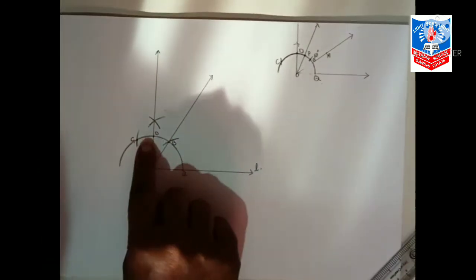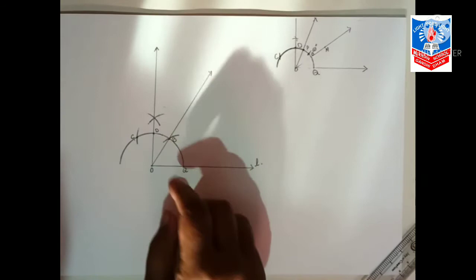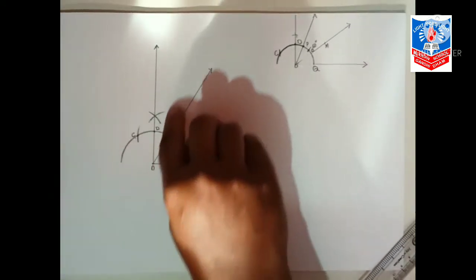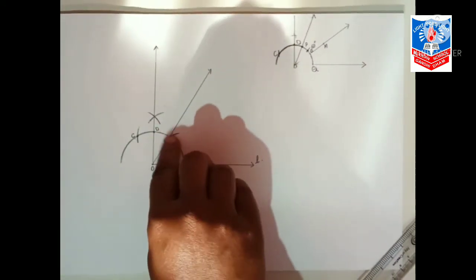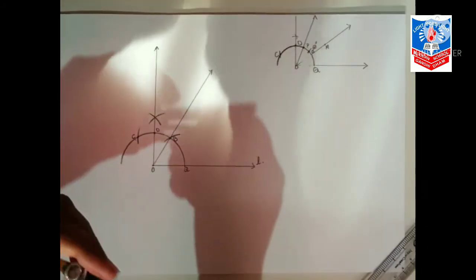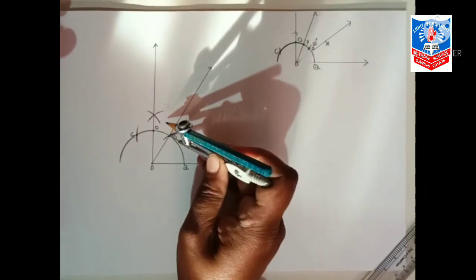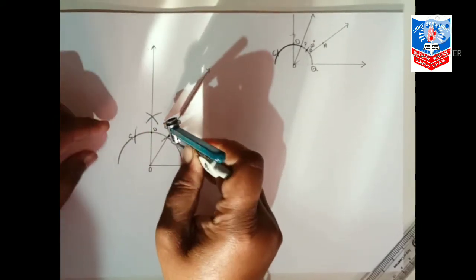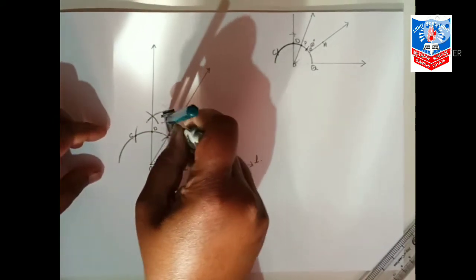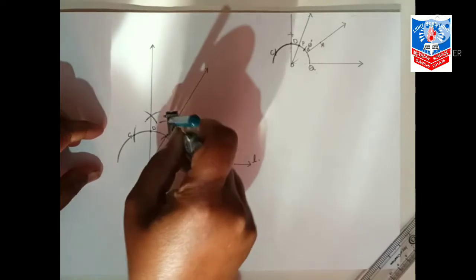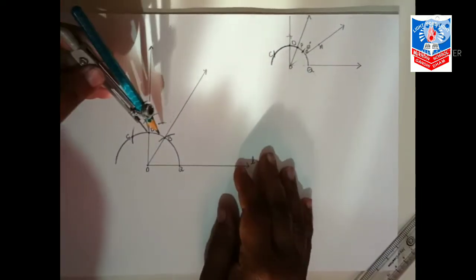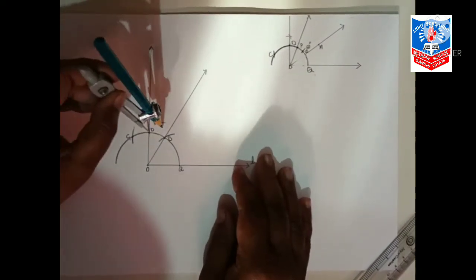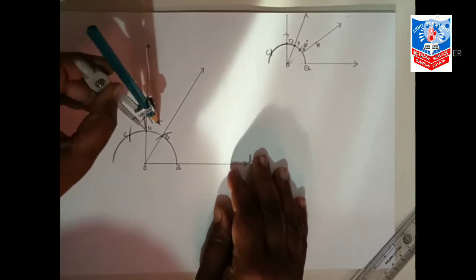Now we have to draw an angle of 75 degrees. That means the 75 degree angle will come here in between 60 and 90 degrees. Now with center B and radius more than half of BD, like this way, make an arc, and with center D, cut this arc.